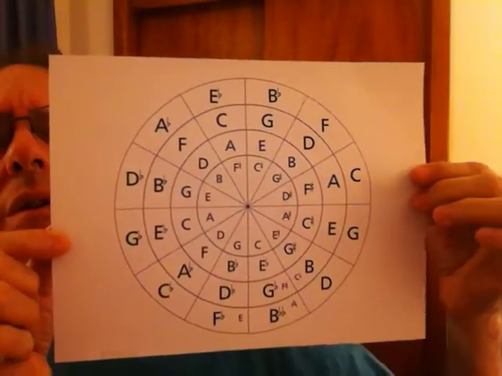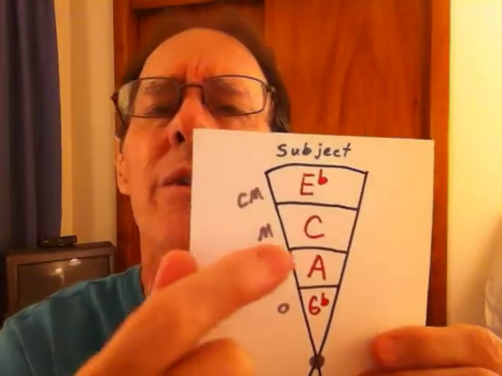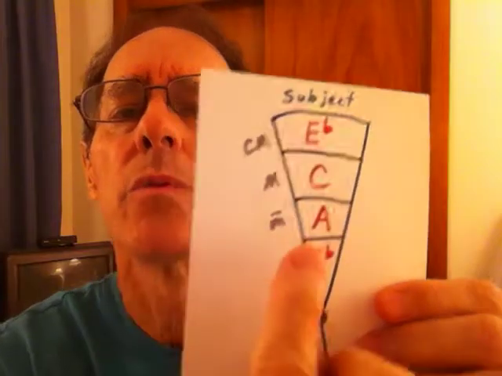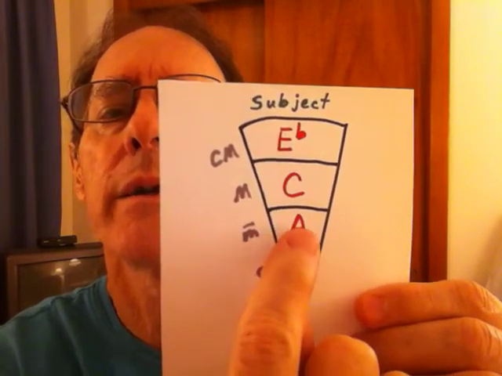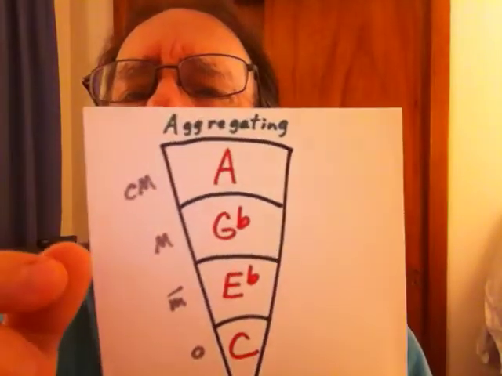Now, to make it even better, when I invented my music systems, I invented or developed, whatever word you want to use, what I call the amplified circle of fifths. I really worked hard and long on this. And in that system, I developed or invented what I call the aggregating minor. Remember, in the traditional system, you have your tonal center and you have your relative minor. Well, I invented the aggregating minor.